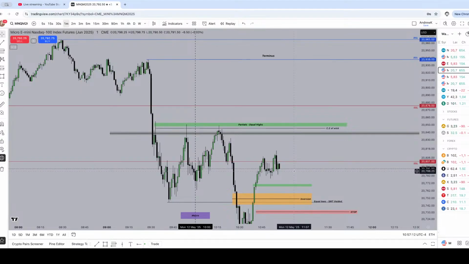That's going to be your turtle soup. I want to see it close above though. It looks like it's going lower. That is the point. It's supposed to look like that.